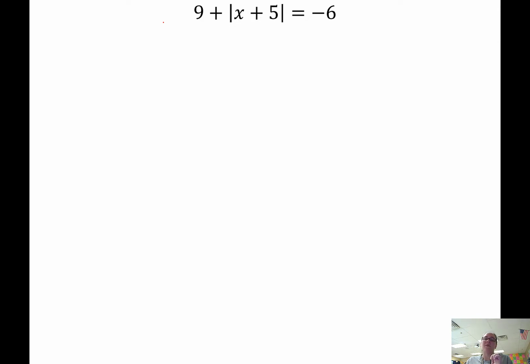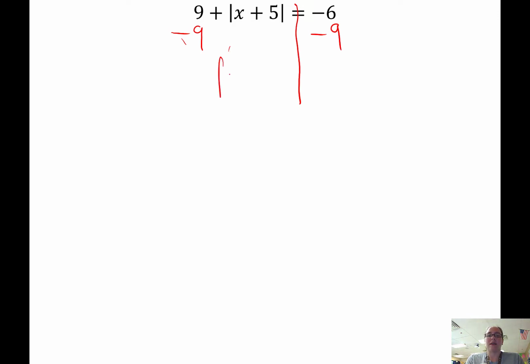I've got 9 plus the absolute value of x plus 5 equal to a negative 6. So absolute value is not isolated, so I'm going to work this one out. I have a positive 9, so its inverse is negative 9.